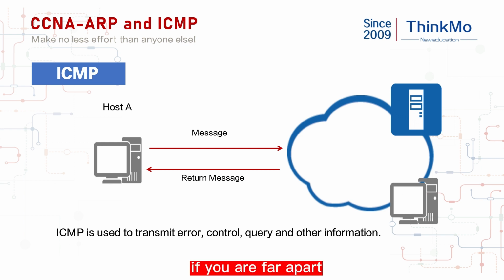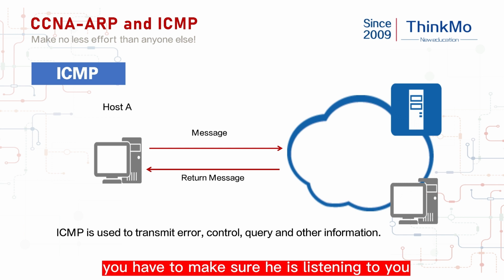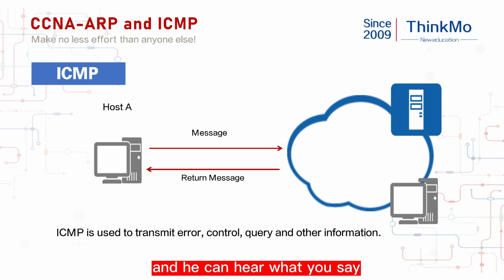If you are far apart, or separated by several people, and you suddenly start talking to him, he wasn't there when you spoke. Or you call him and he didn't hear either, so he ignores you. Then you won't keep talking. You have to make sure he is listening to you, and he can hear what you say. There is no problem. Then you can transfer again.